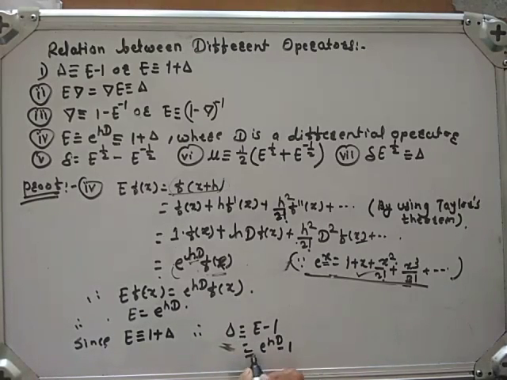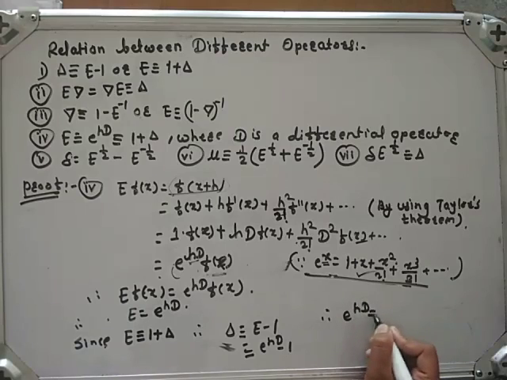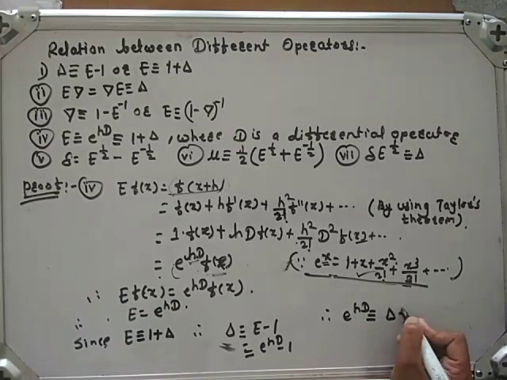Therefore, e raised to hD is equivalent to delta plus 1. Hence, we have proved relation number 4.